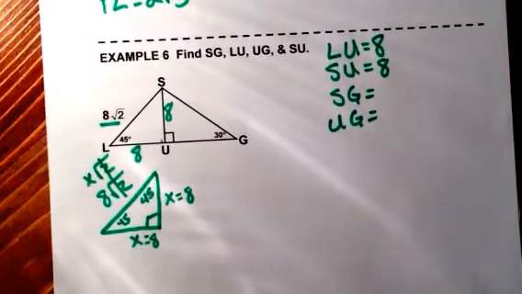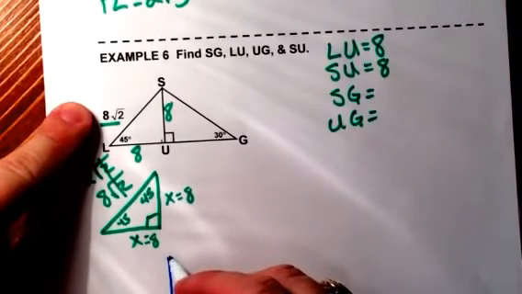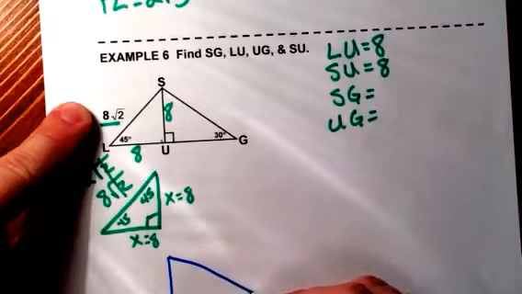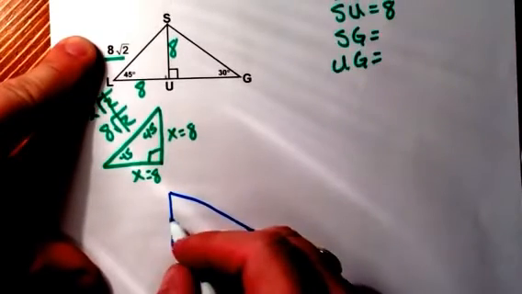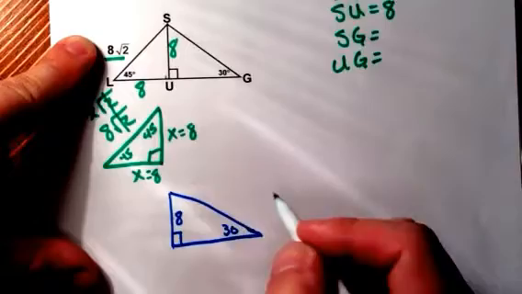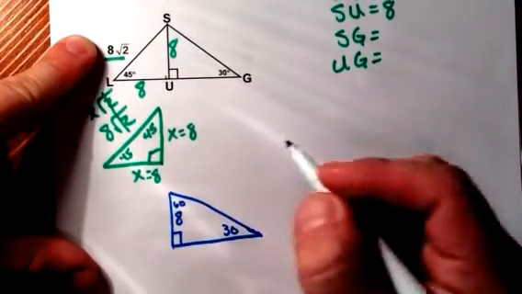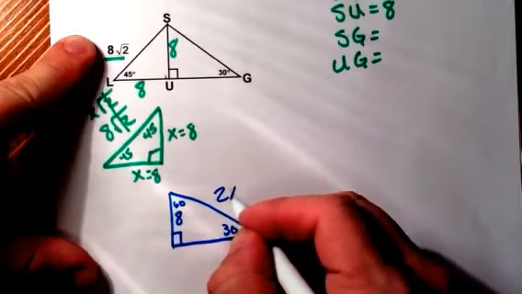So now that I've done that, let's go ahead and look at the second triangle that they gave me. Notice I'm redrawing a picture so I don't confuse myself. So as I'm looking at it, I know that this distance is still 8. Now, I have a 90-degree angle. Now, I have a 30-degree angle, which makes this a 60-degree angle. Well, across from 90 is going to be 2x.